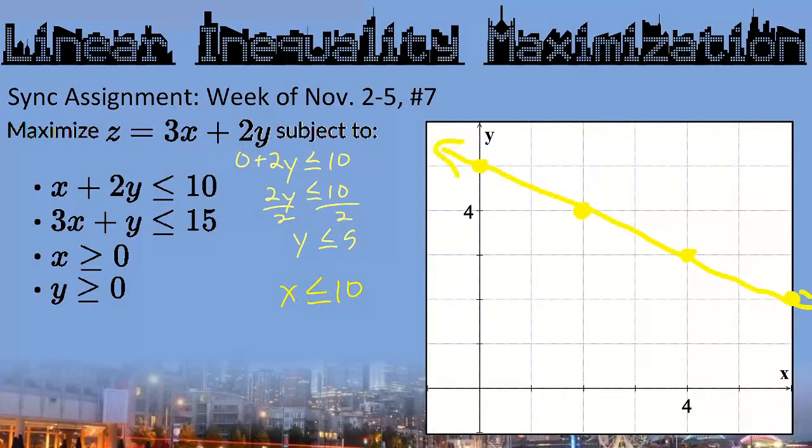Now, if I think about the point 0, 0, if I plug in a 0 here and a 0 there, then I will get 0 plus 0 is less than or equal to 10, and that's true. So that means when I shade down here.